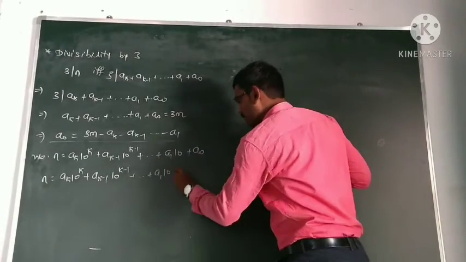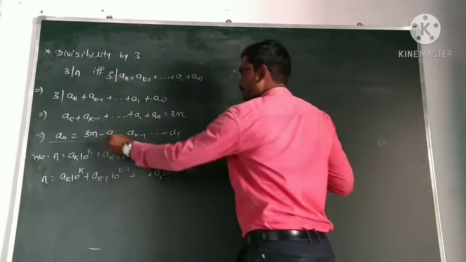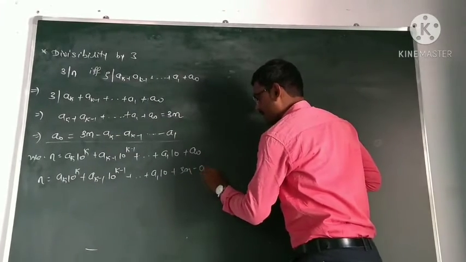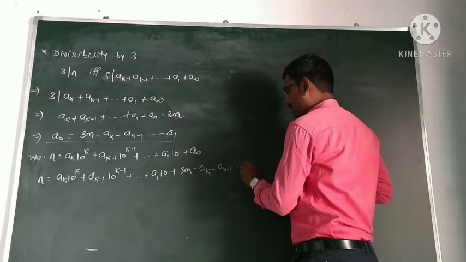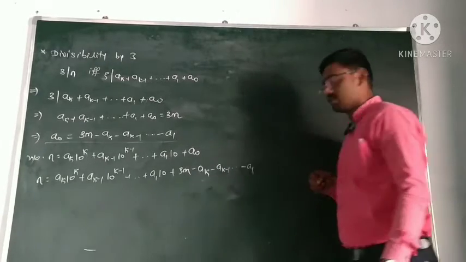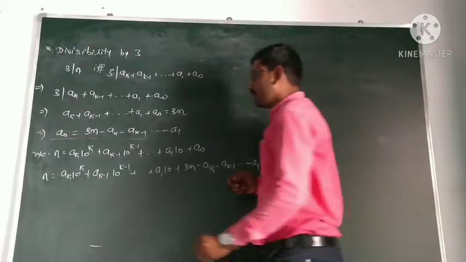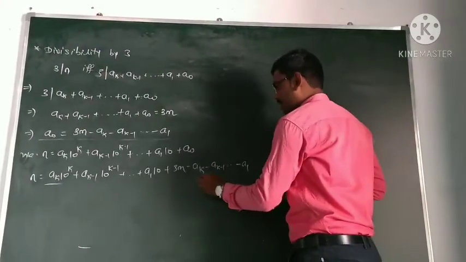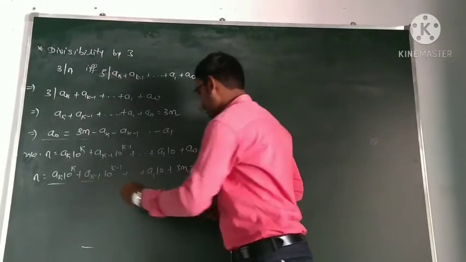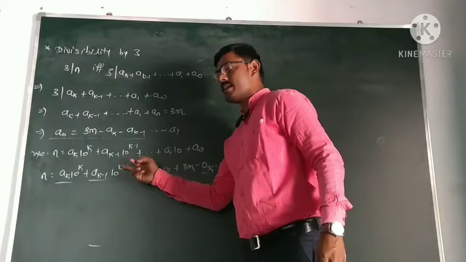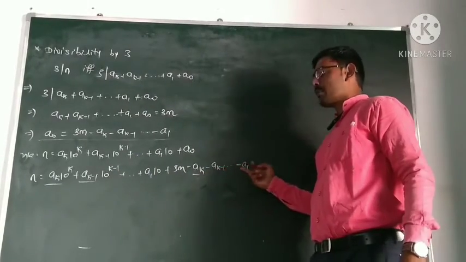So a0 is 3 times m minus ak minus 1 up to minus a1. Okay. Now see, here ak 10 raised to power k, here minus ak. So ak is common. Here ak minus 1 10 raised to power k minus 1, here minus ak minus 1, up to so on.